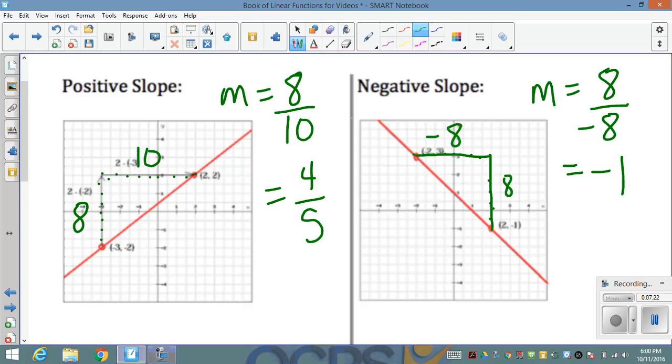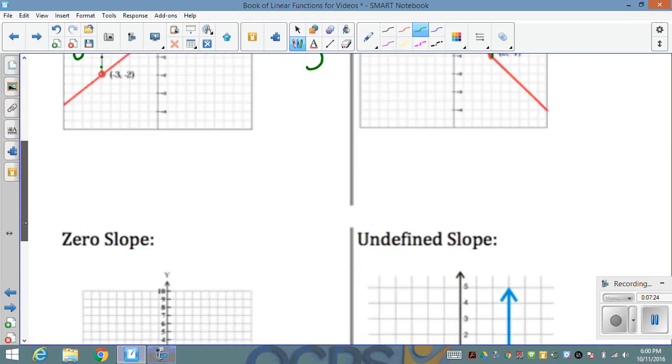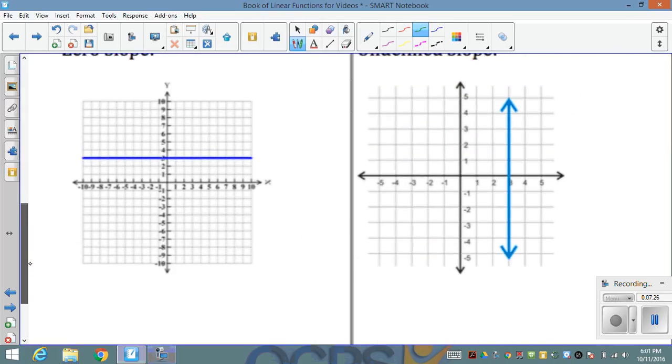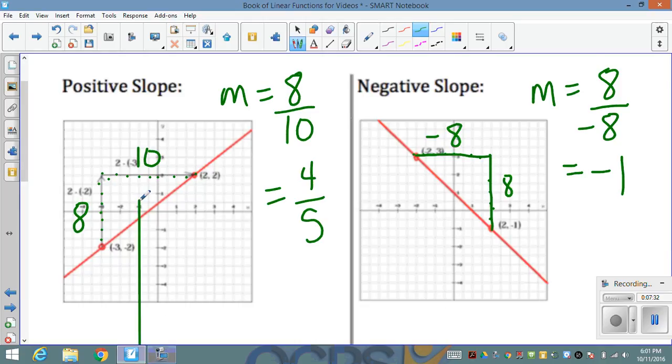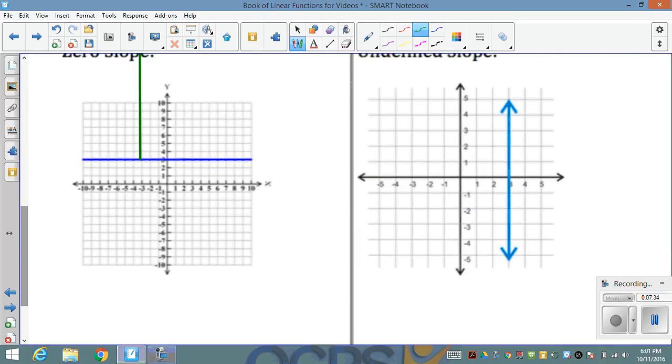Let's take a look at our 2 special cases, our horizontal line and our vertical line. I don't have any points marked here, so I'm just going to pick 2. I am going to choose this point here and this point here.